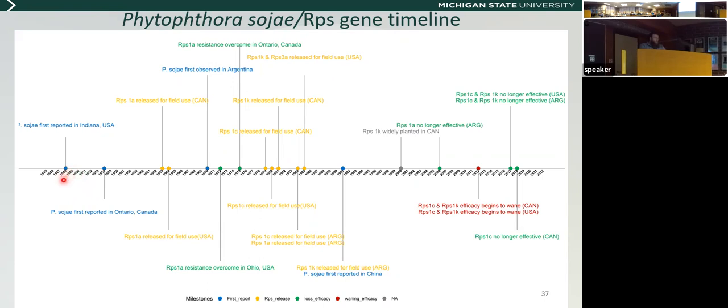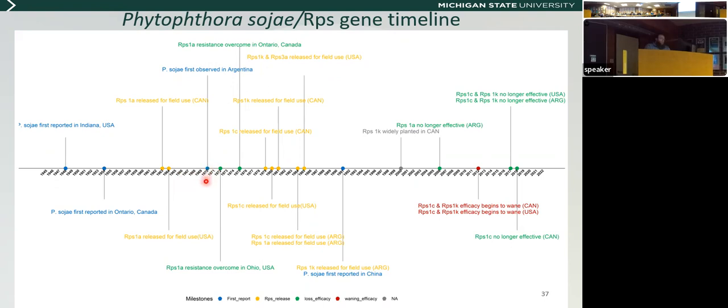Phytophthora sojae was first reported in the United States in 1948, and then in 1954 in Canada. And approximately 10 years after its identification in Canada, the RPS1A resistance gene was released for use in the United States. This was our first knowingly released RPS gene for Phytophthora sojae management.